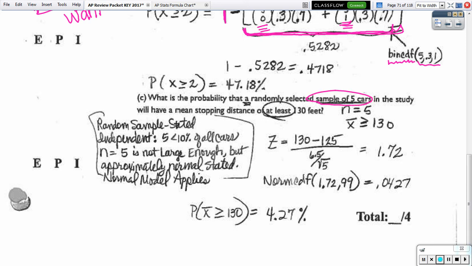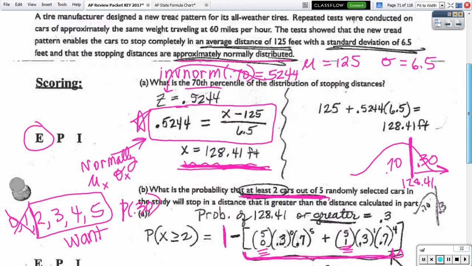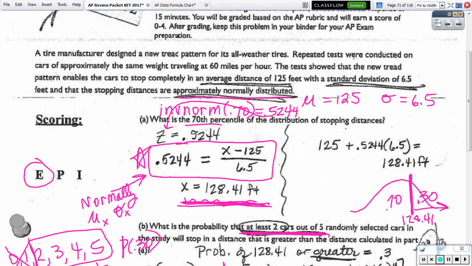So here's the thing. This problem is now talking about samples of size 5. That's a sampling distribution now, not the population. Up here, our standard deviation was from the population, and it was 6.5.